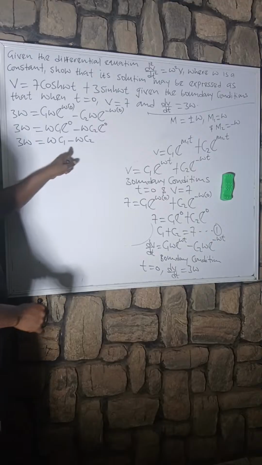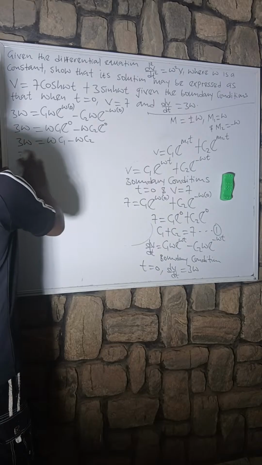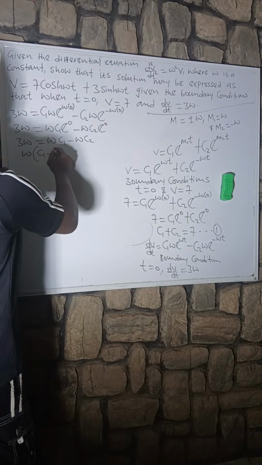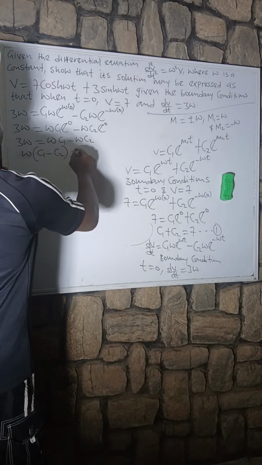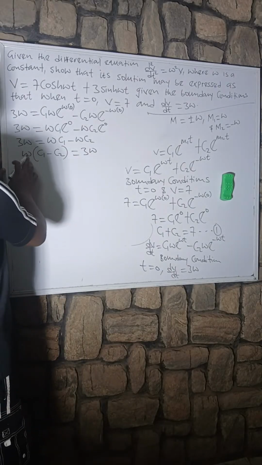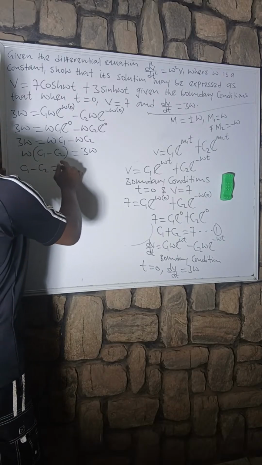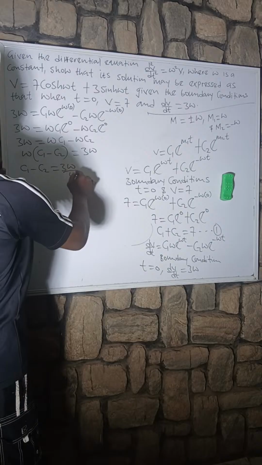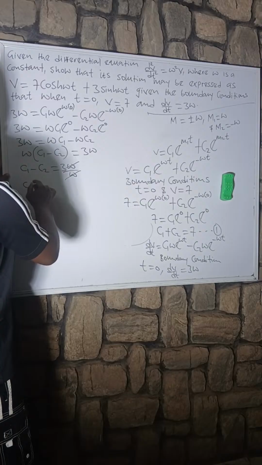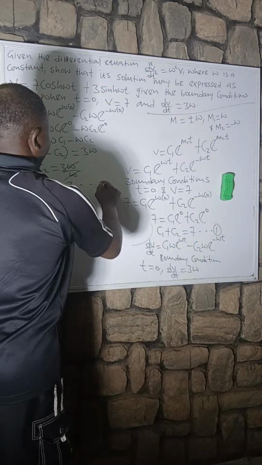So this is common, we can factor it out: omega open bracket c1 minus c2 equals 3 omega, right? So when we divide through by omega, we are going to have c1 minus c2 equals 3 omega over omega. This and this will cancel. So it means our c1 minus c2 is equal to 3. So this is equation 2.